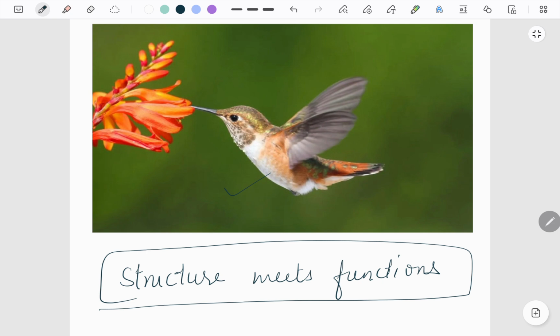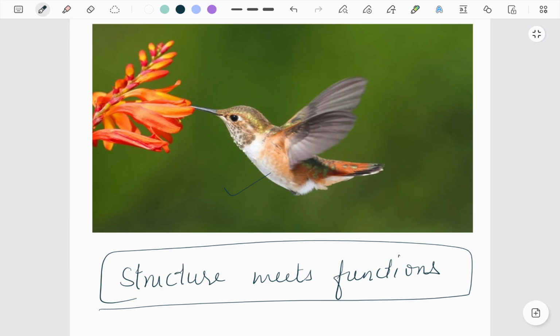This is a homeothermic organism having the highest metabolic rate among homeotherms. This is the only bird that can fly backwards and fly upside down. It can fly backwards, upside down, forwards, any way.